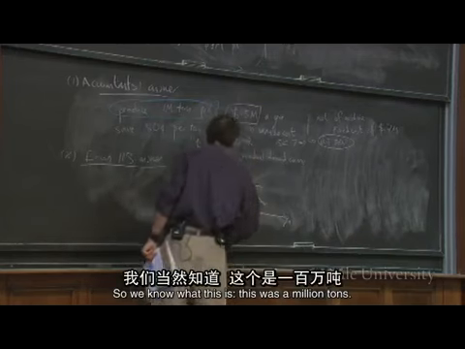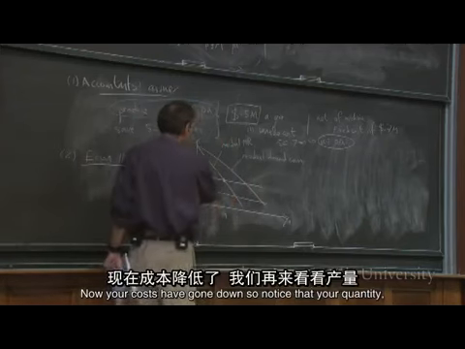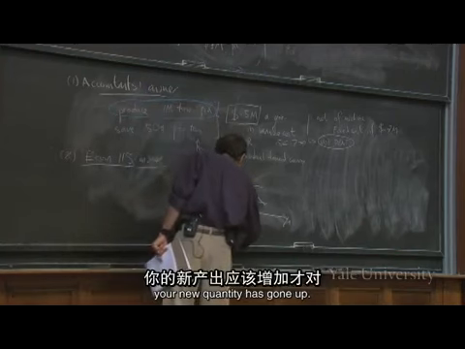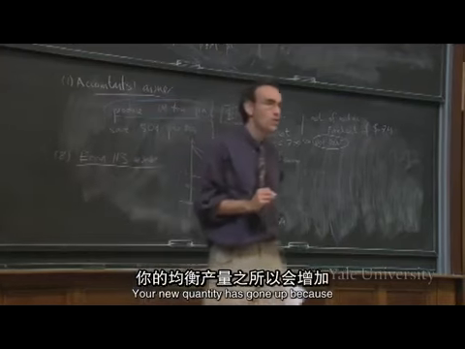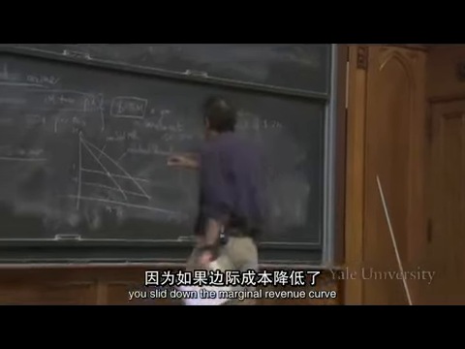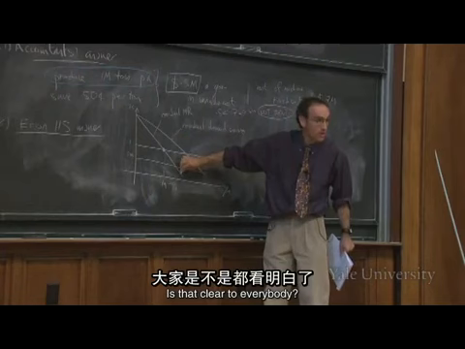This was 1 million tons. This was marginal revenue hitting marginal cost. Now your costs have gone down. So notice that your new quantity has gone up, because you've slid down the marginal revenue curve as the marginal cost curve dropped. Is that clear to everybody?